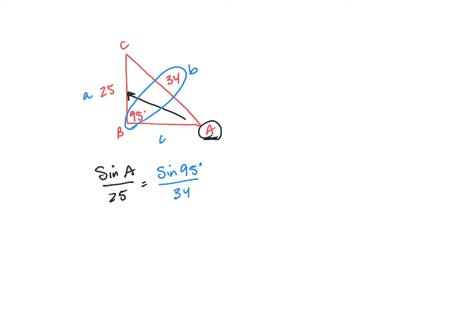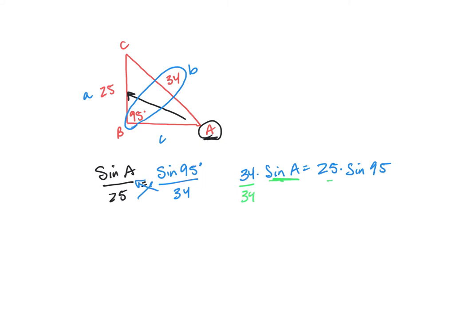Okay, so we're going to follow the same steps that we followed a few minutes ago. We're going to cross multiply here, and I end up with 34 times the sine of A equals 25 times the sine of 95. Now I'm trying to get A by itself, but it's kind of stuck with my sine for just a minute. Okay, well, let's get rid of the 34.